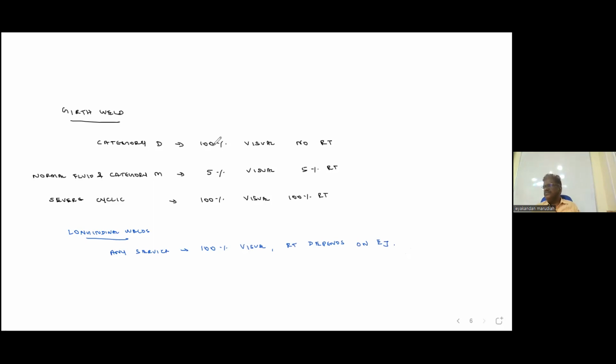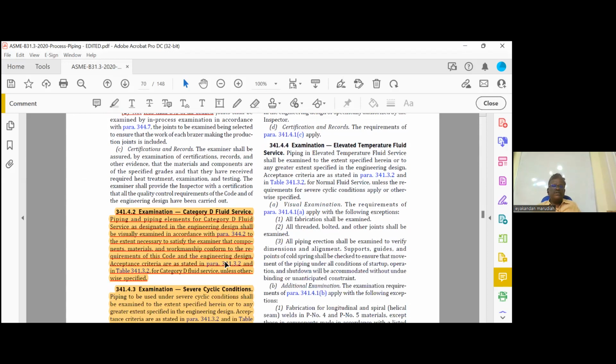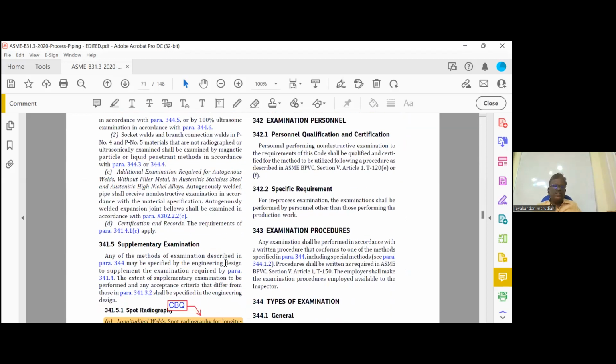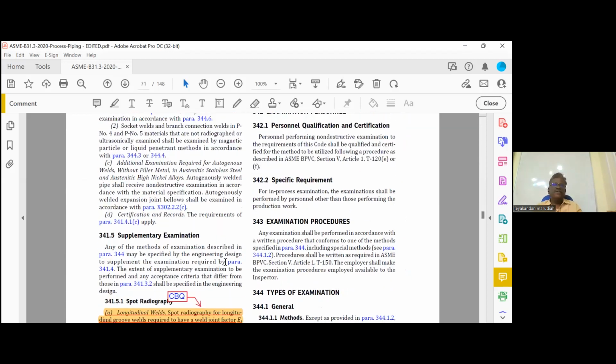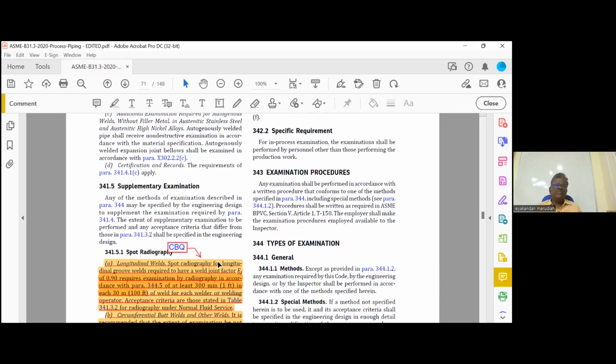Then we'll go back to the code book. Please come to spot radiography, next page, page number 88. This is an important closed book question.